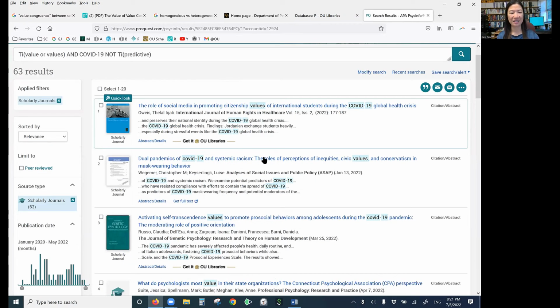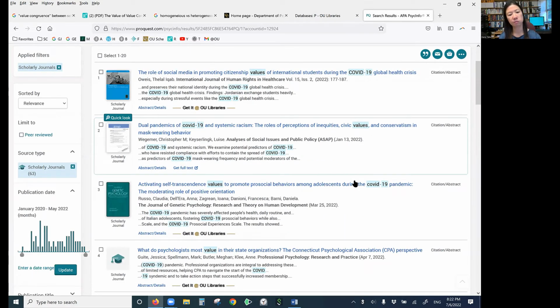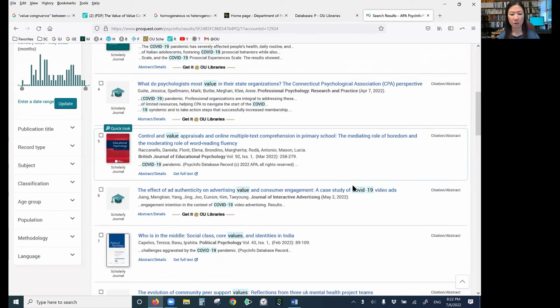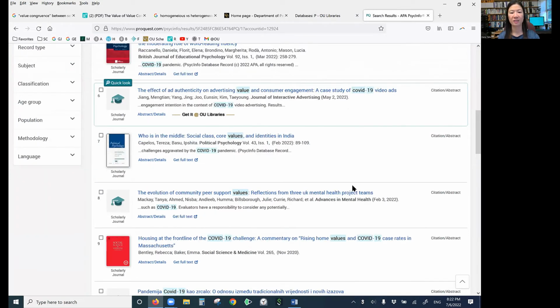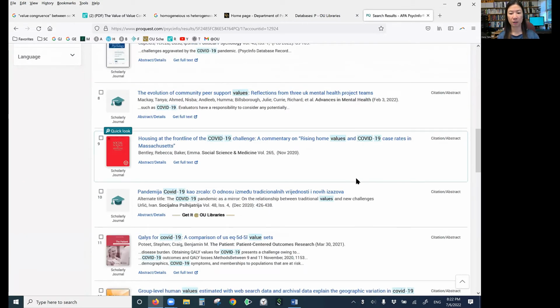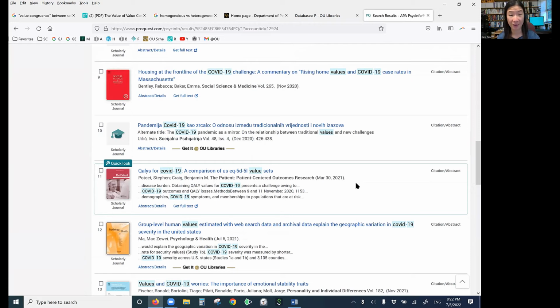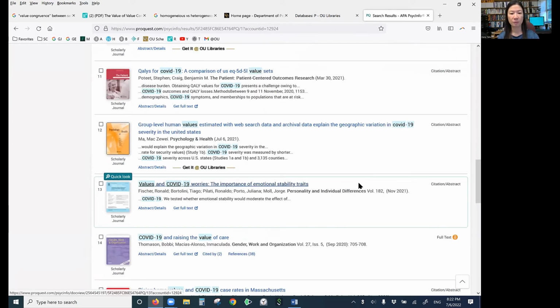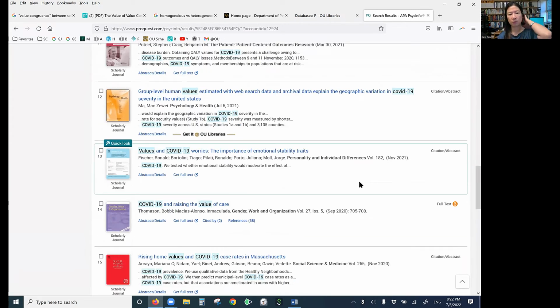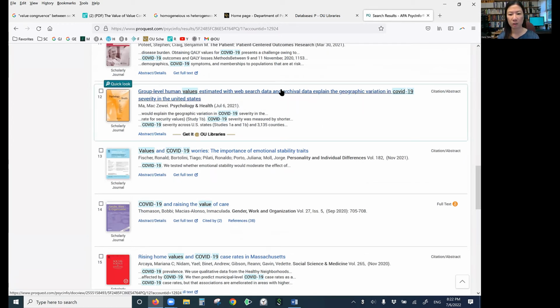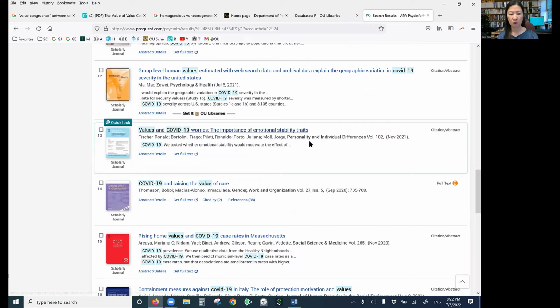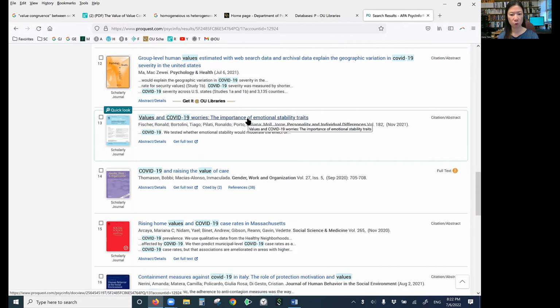There are a lot of different types of values here: civic values, advertising values, core values, support values, rising home values. I wanted to have not the group level human values. Oh, that sounds interesting, maybe. Geographic variation, archive data. It's COVID-19 more than emotional stability traits.